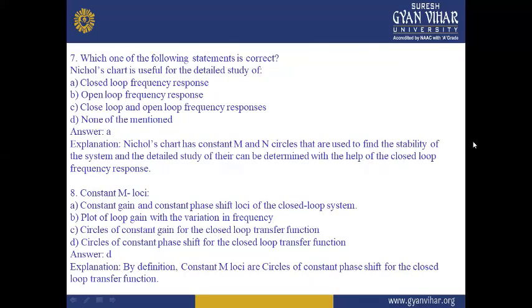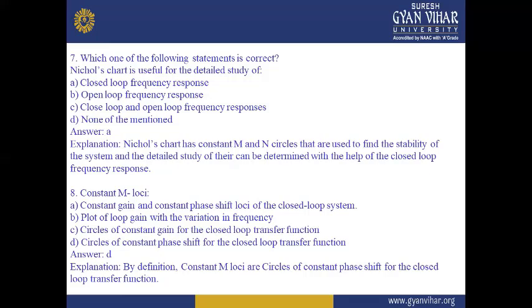The next question is, which one of the following statements is correct? The Nichols chart is useful for the detailed study of closed loop frequency response, open loop frequency response, closed loop and open loop frequency response, or none of the mentioned.